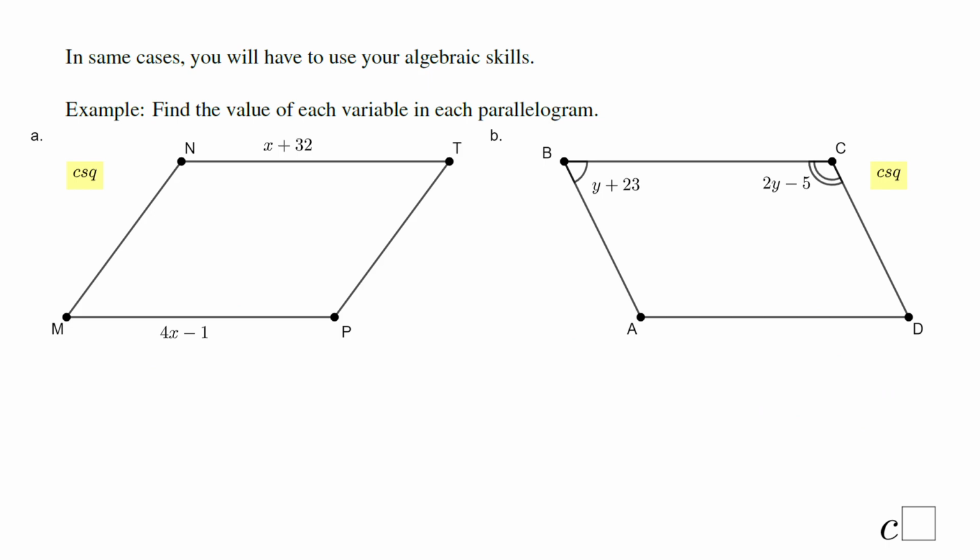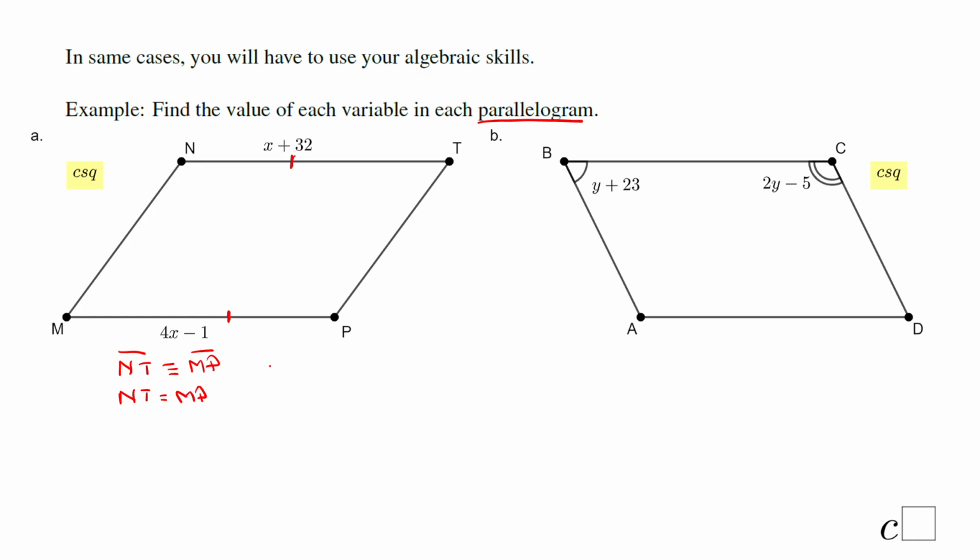In some cases, you have to use your algebraic skill. You're going to have to write some equation. For instance, in this example, part A, what do we know about NT and MP? They are congruent. They are opposite sides in this parallelogram. So NT congruent to MP, which means the measure of NT is equal to the measure of MP.